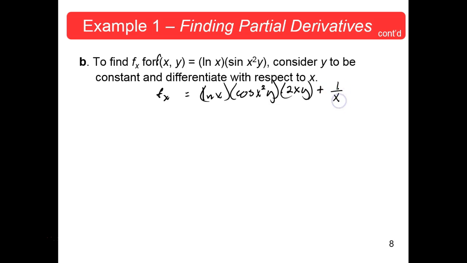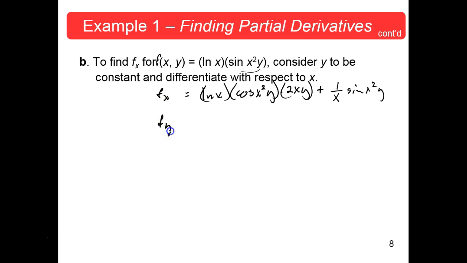One over x. Derivative of log x is 1 over x. Okay? Times the second one. Well, the second one is just this, sine of x squared y. Okay. That's your partial of f with respect to x.